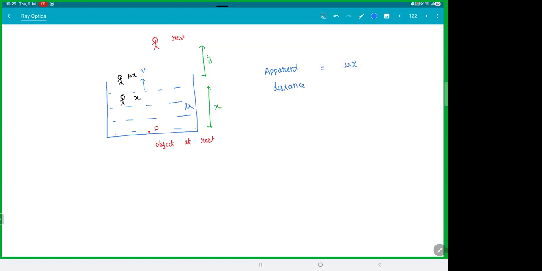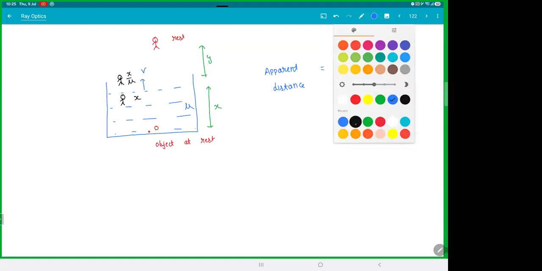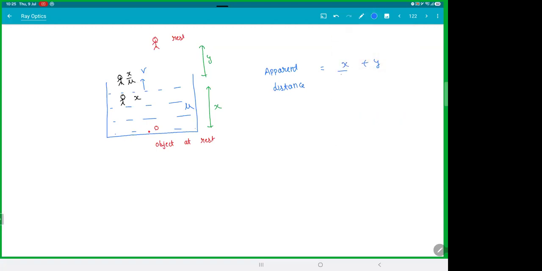This is mu x plus y. I think I wrote it reversed. That is x by mu plus y. So when the water level is rising, x is increasing, but the distance between the man and the level is also changing, isn't it? So two things are happening. Now, when you want the apparent speed, you have to differentiate this quantity.